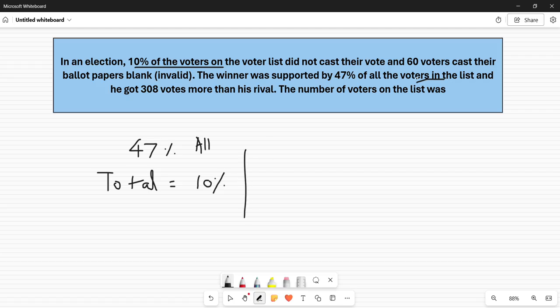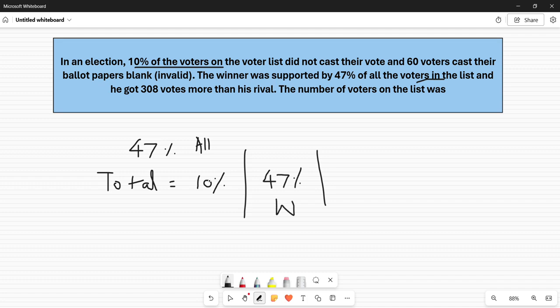47% of all voters is the count of the winner. The winner was supported by 47% of all voters in the list. When he is a winner, he should have got votes which were actually valid, right? So you could confidently say this 47% of the original voter list belongs to the winner.